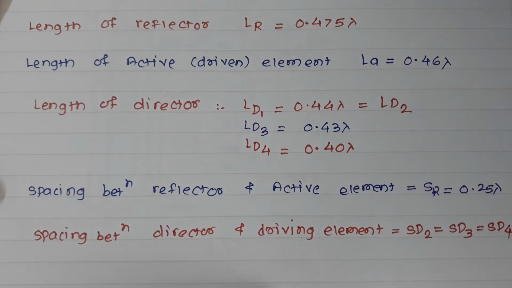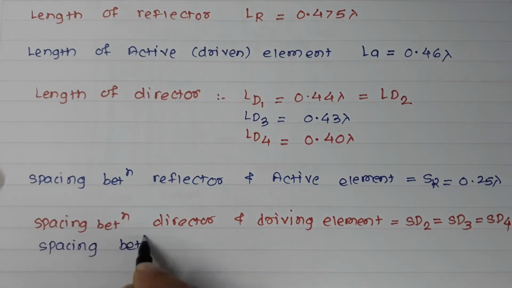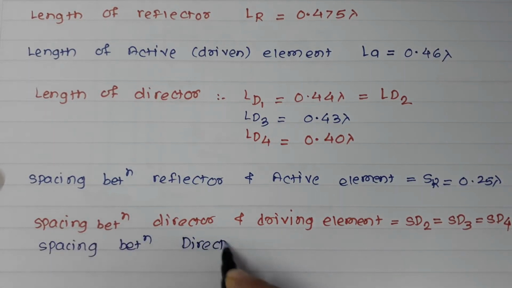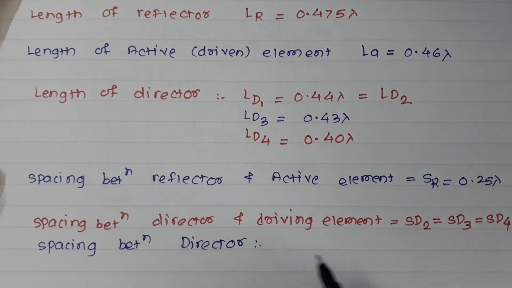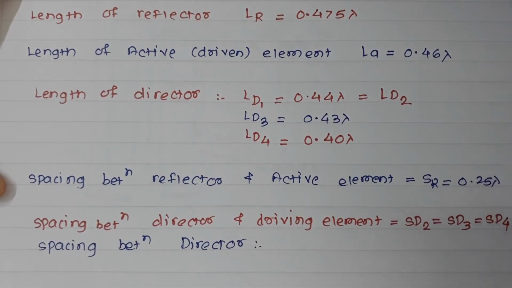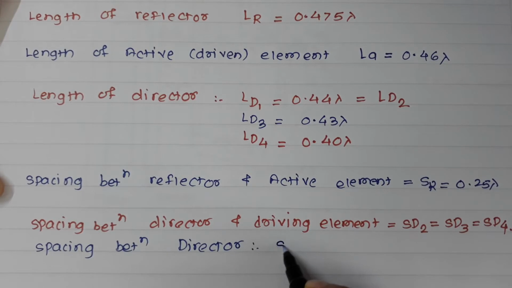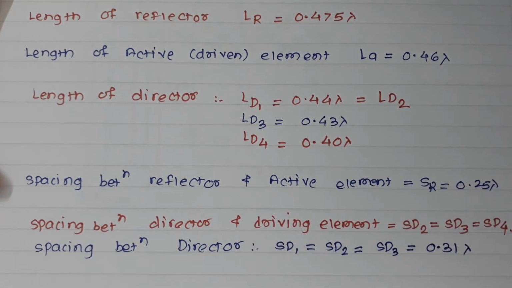So the spacing between directors, and the spacing between the driving element and the first director, is the same as SD1. So SD1 is equal to SD2 is equal to SD3, which is 0.31 lambda.